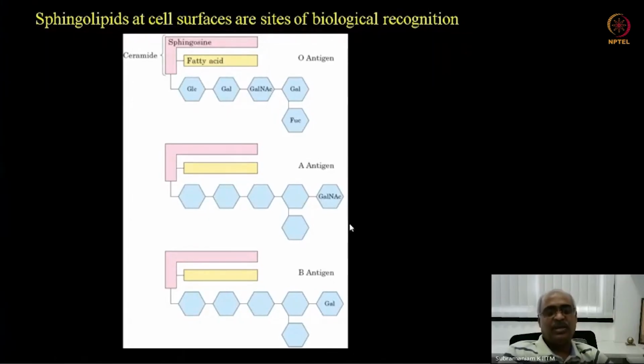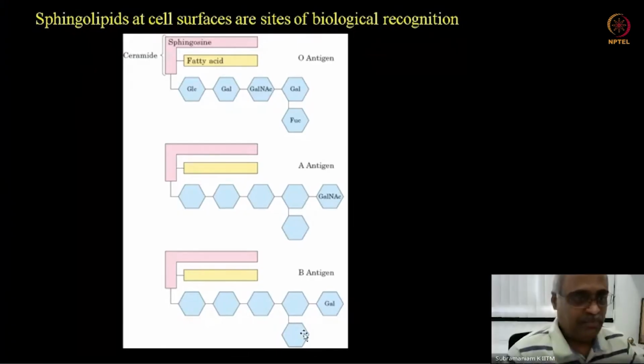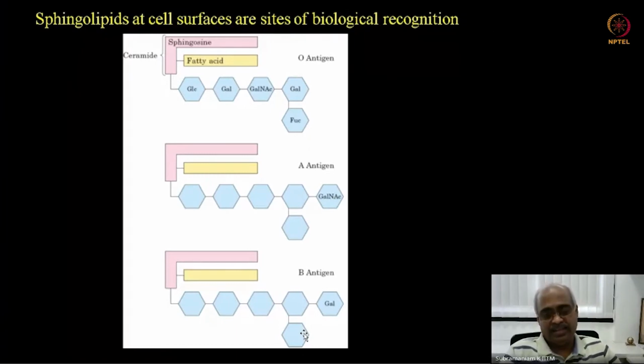So if you have an AB blood group, then your cell surface, the RBC surface, has both these sphingolipids. So sphingolipids are the antigens A, B, and O. So they are important for biological recognition.